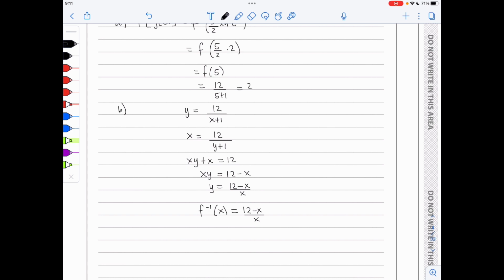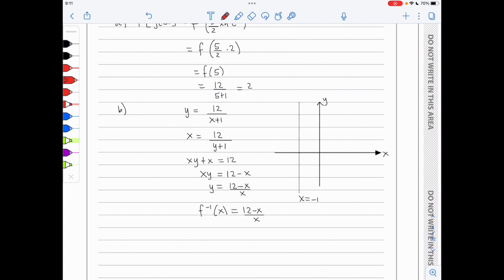We also need to give the domain here, so I need to sketch f of x. So we know that f of x had an asymptote at x is minus 1, because when x is negative 1, we've got division by 0 and the function is not defined. And we also need to consider the position of the horizontal asymptote.